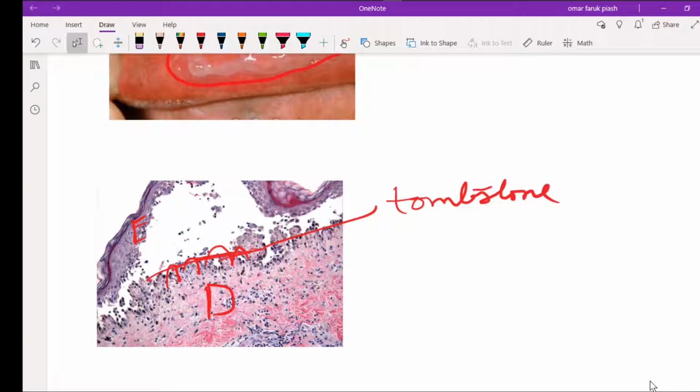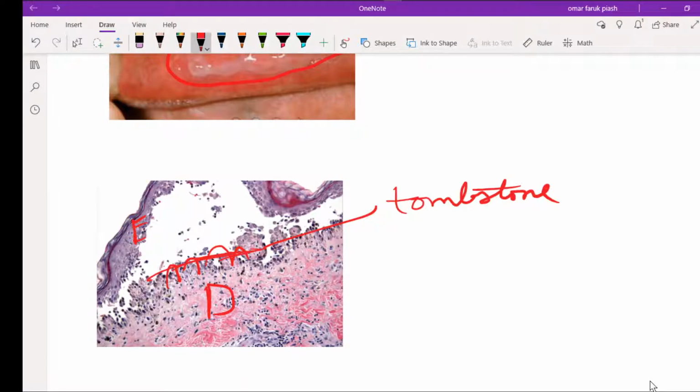So first of all, there is acantholysis, that means separation of the stratum spinosum. Second, the basal layer remains attached to the basement membrane, and it looks like a tombstone appearance.